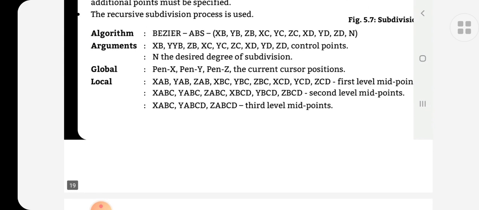The first level midpoints are XAB, YAB, ZAB, XBC, YBC, ZBC, XCD, YCD and ZCD. Then the second level midpoints are XABC, YABC, ZABC, XBCD, YBCD, ZBCD. XABCD, YABCD and ZABCD are the third level midpoint.